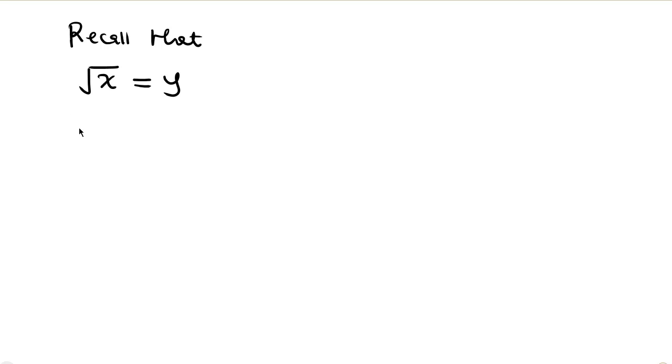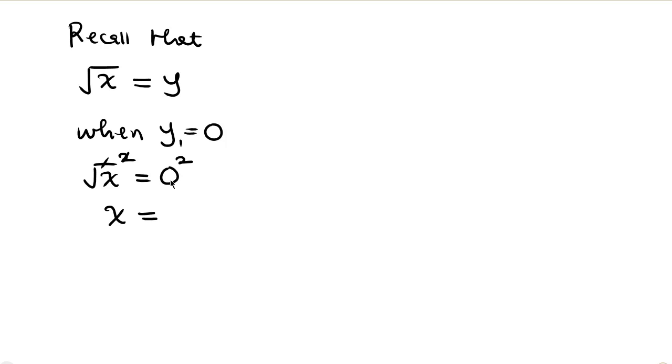Now let's start with when y, which is our first value for y, is equal to 0. So this will be the square root of x equal to 0. And now to get x, we take the square of both sides so that this square cancels out the square root, making x equal to 0 squared, which is also 0. So this is one valid solution for x.